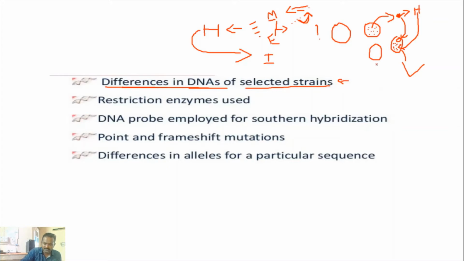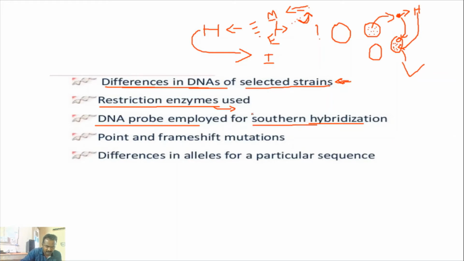So in this population ecology or population genetics, and in forensic work, we can use RFLP. Restriction enzymes are used in the RFLP, because this is a very basic tool. And also we use a DNA probe for the southern hybridization technique.